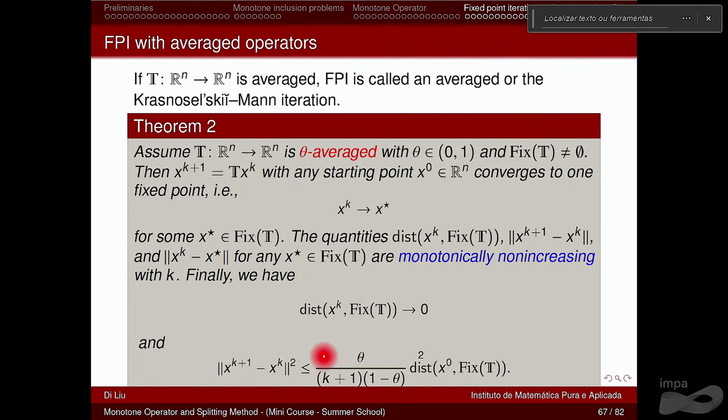This explains the convergence. And we have the rate with theta over k plus 1 times 1 over 1 minus theta. If you check some papers, the convergence analysis theorems may look different, but they may be similar, as many of them are based on the framework we have discussed here today.